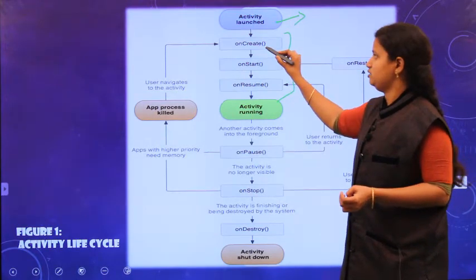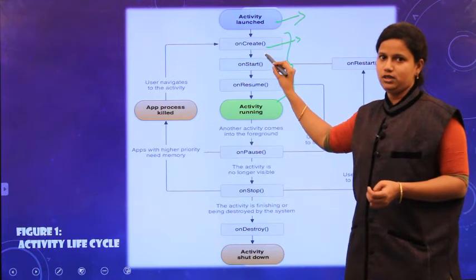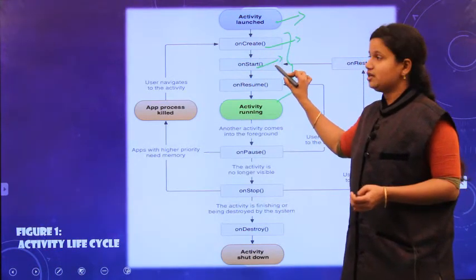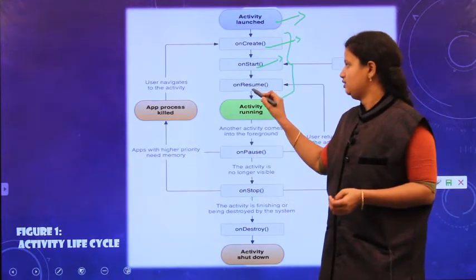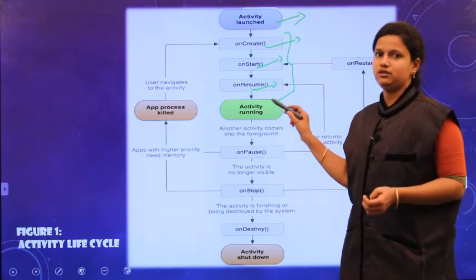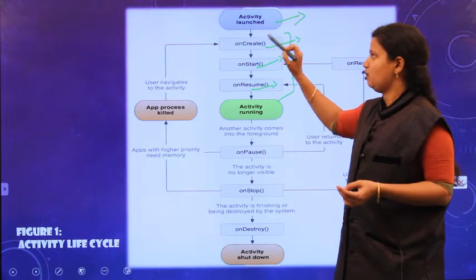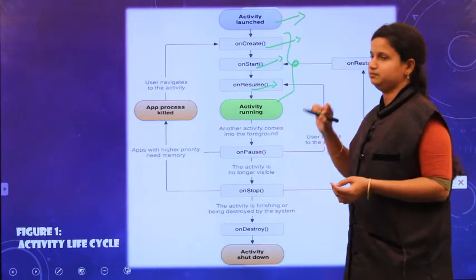The first one is called whenever the activity is created. The second is when the user interface design is displayed to the user. And the third one, onResume, provides interaction with the user. That's why whenever your activity is launched, it calls these three methods automatically.